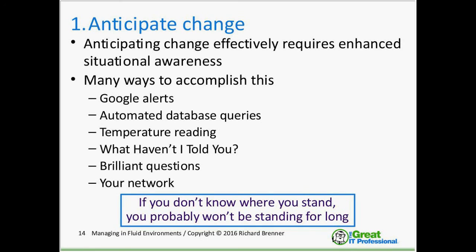For project managers, project sponsors, and program managers, effective situational awareness can be burdensome unless you rely on automation and have an extensive cooperative network. There are some techniques listed here, 6 of them.